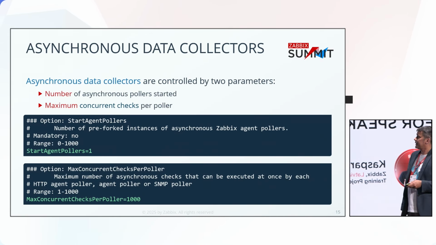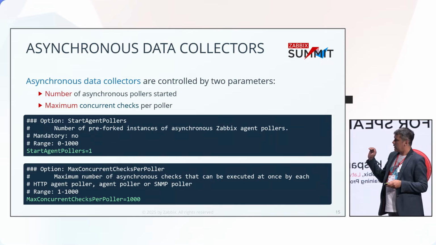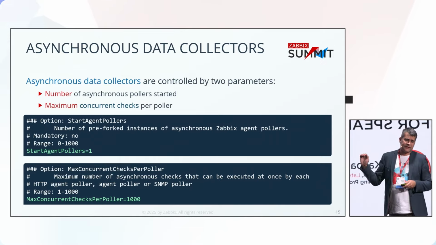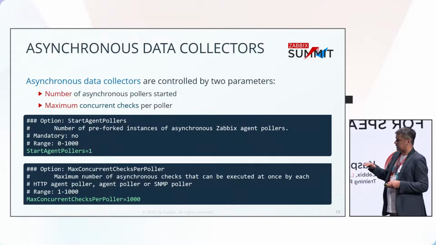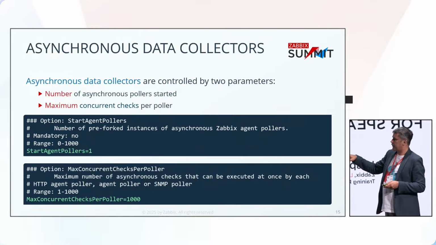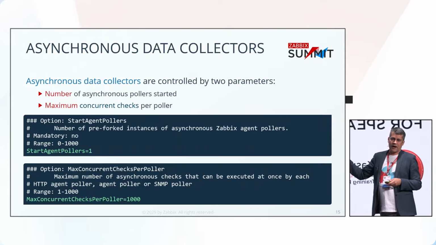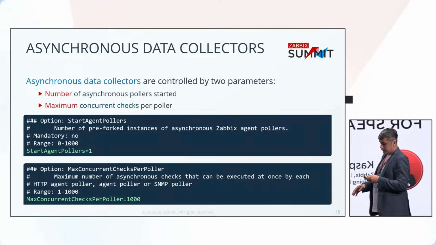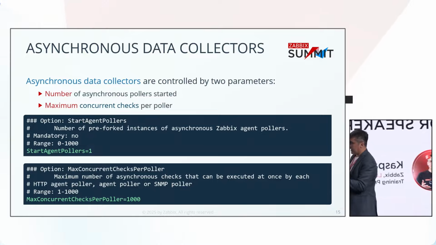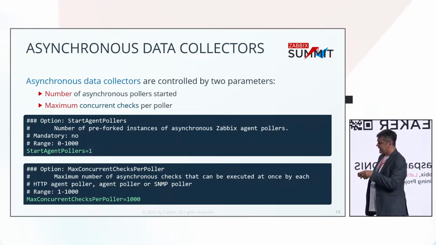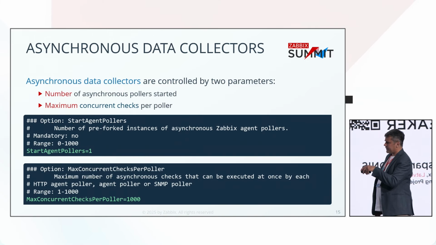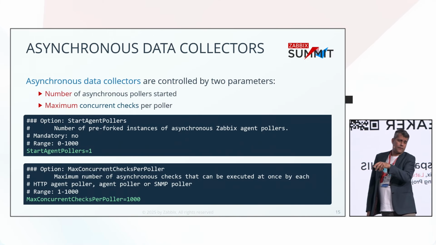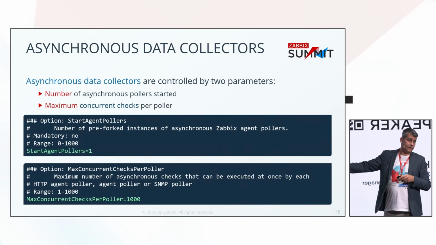And asynchronous, as I said, you need only a limited amount of them. You don't need to start 20 agent pollers. Even for a big instance, 3 or 5 would be okay. But once you have them, they have this parameter, maximum concurrent checks per poller, which is set to 1,000.